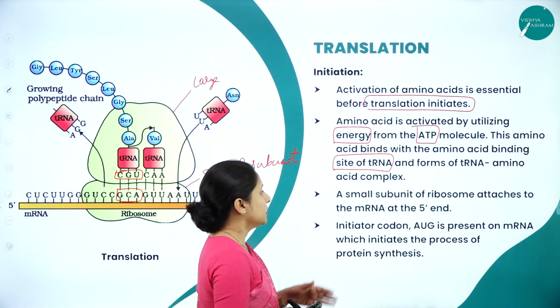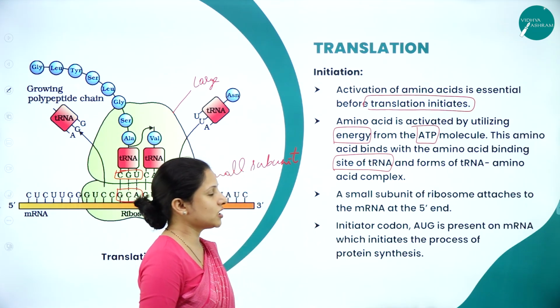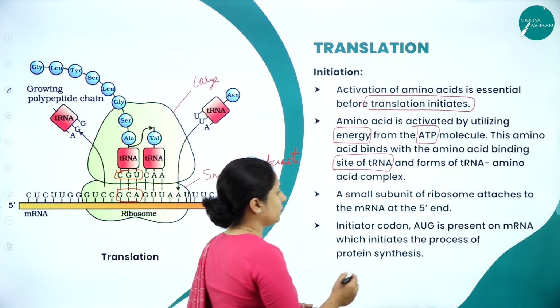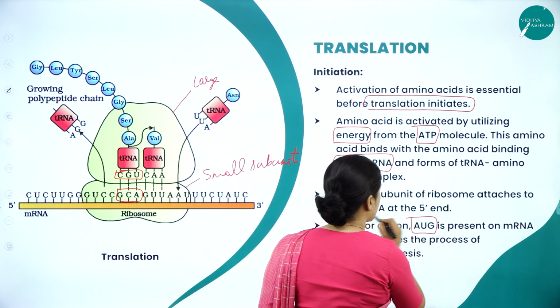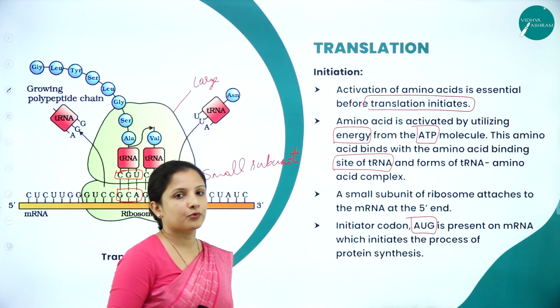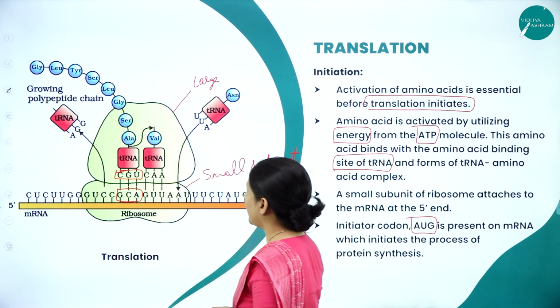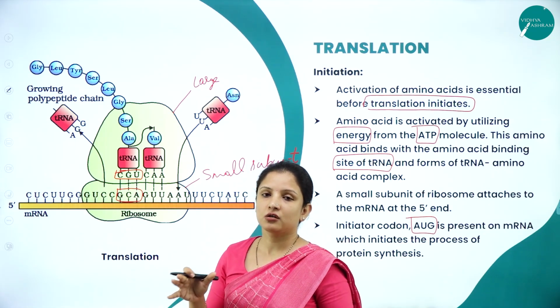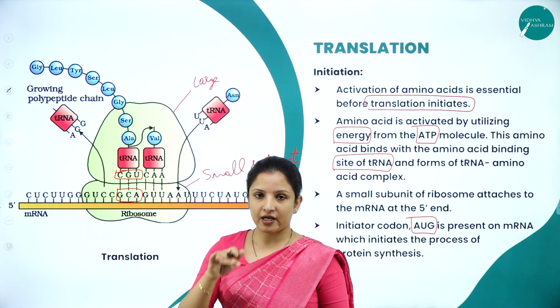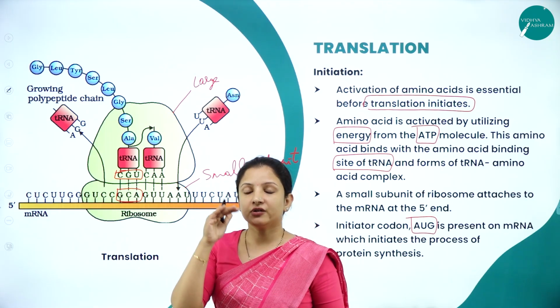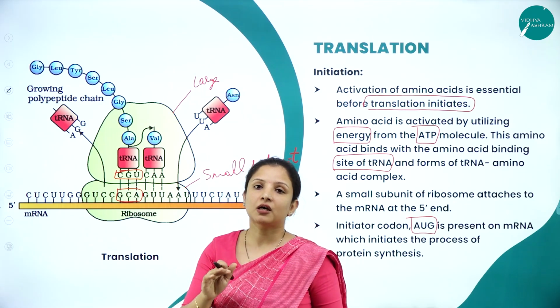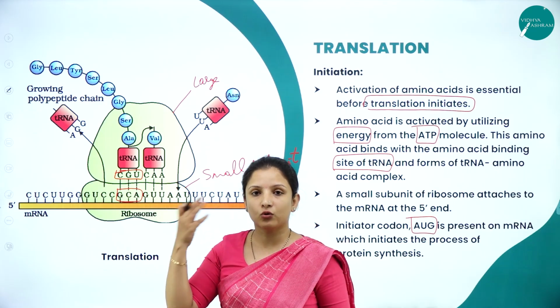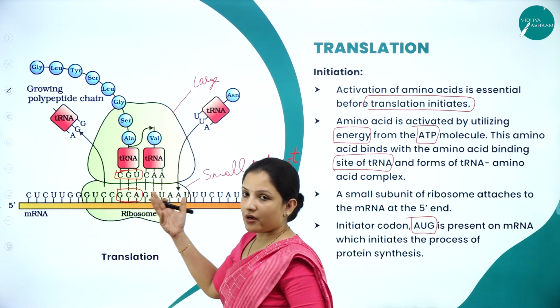So the initiator codon AUG is present on the mRNA. We know that AUG is the initiator codon, and it initiates the process of protein synthesis. Wherever AUG is, exactly there the first binding of the ribosome will take place, and after the ribosome binds, the tRNA will come and bind, whose anticodon complements the mRNA sequence.